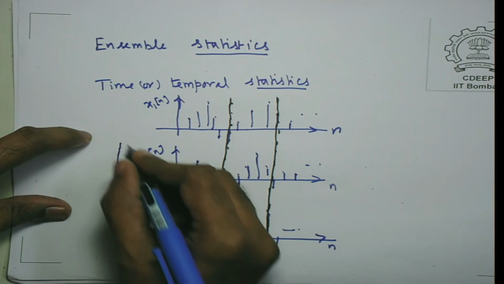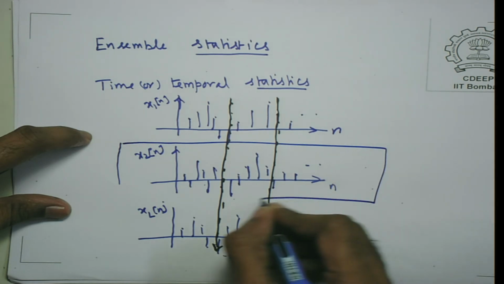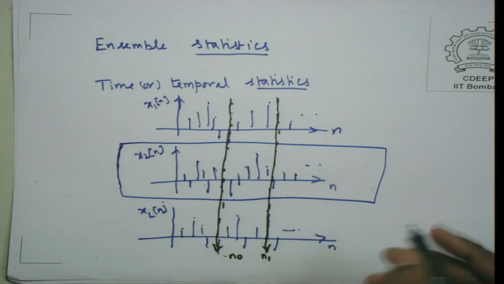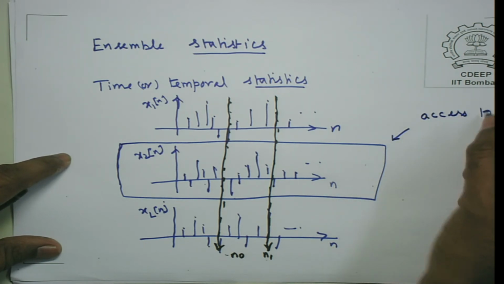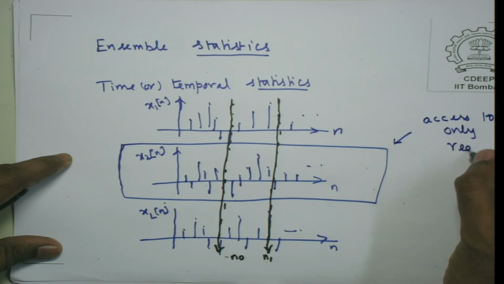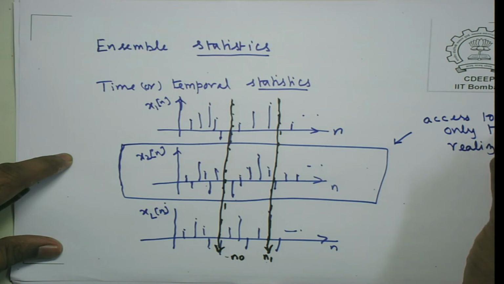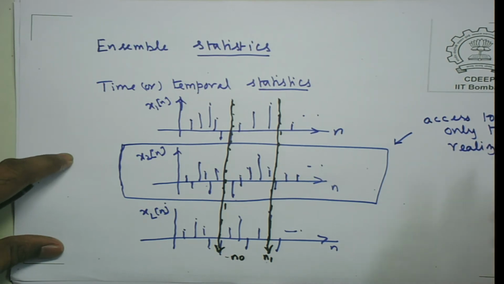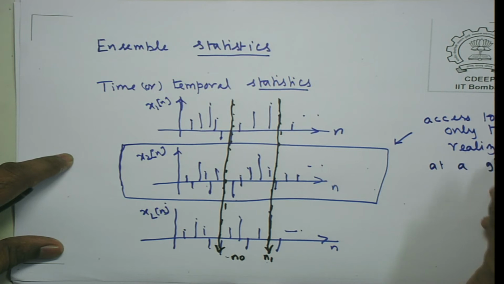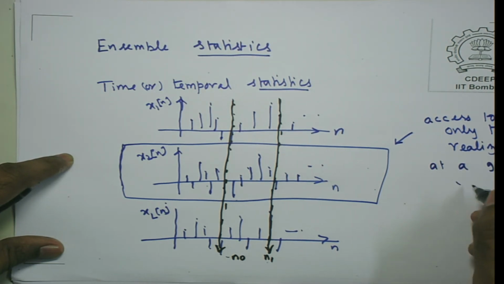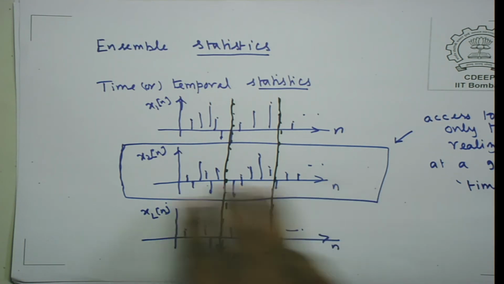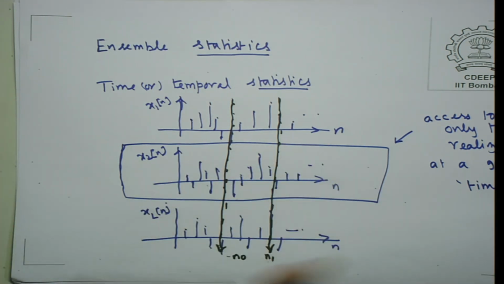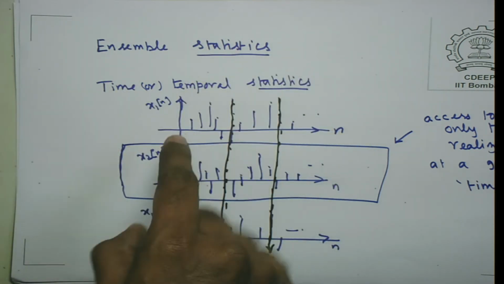So, depending on the time, we have access only to this realization, right, at a given period or a given day, whatever that is. Now when we want to make statements based on just this, we need some kind of relation between this ensemble statistics and what I call temporal.